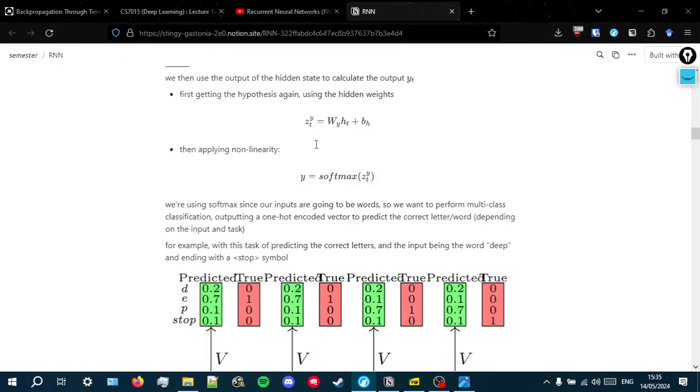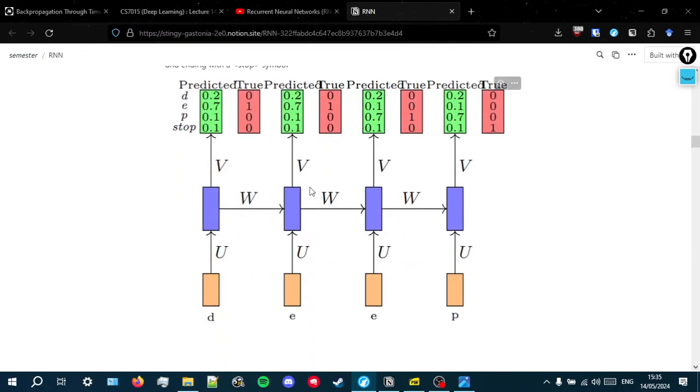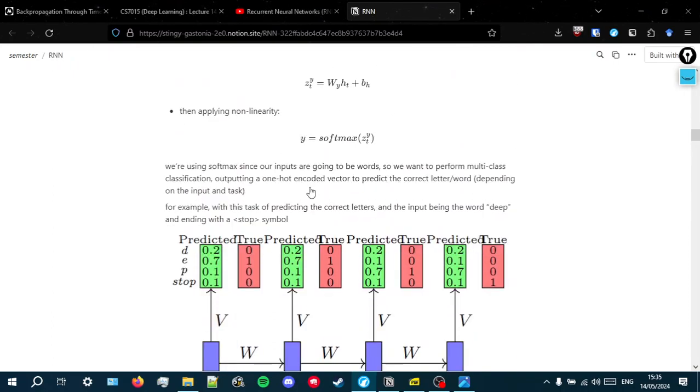For now, in the forward propagation, at every time step, we're going to have this pre-activation, W_y times h, and then that is going to go to the softmax for y, and then we'll output this one-hot encoded vector of probabilities.